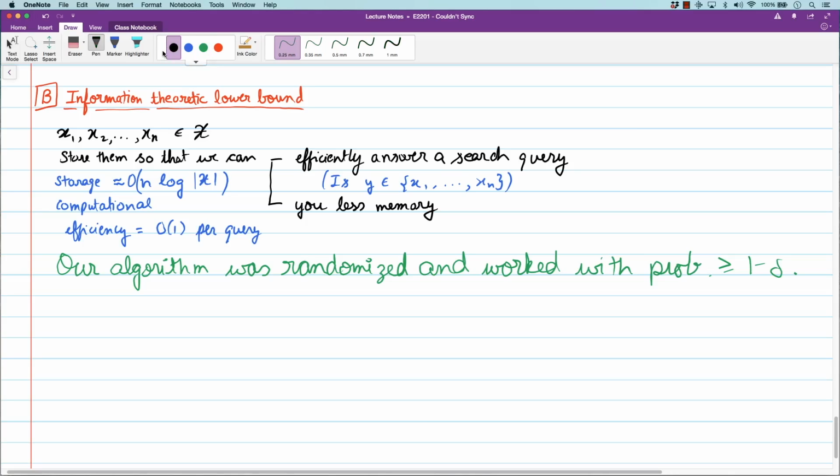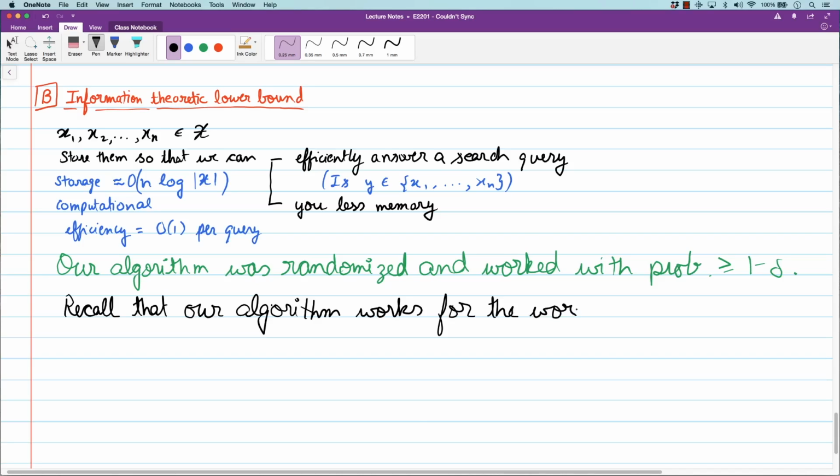Okay, so let's show the lower bound. Recall that our algorithm works for the worst case input. What is the input to our algorithm?